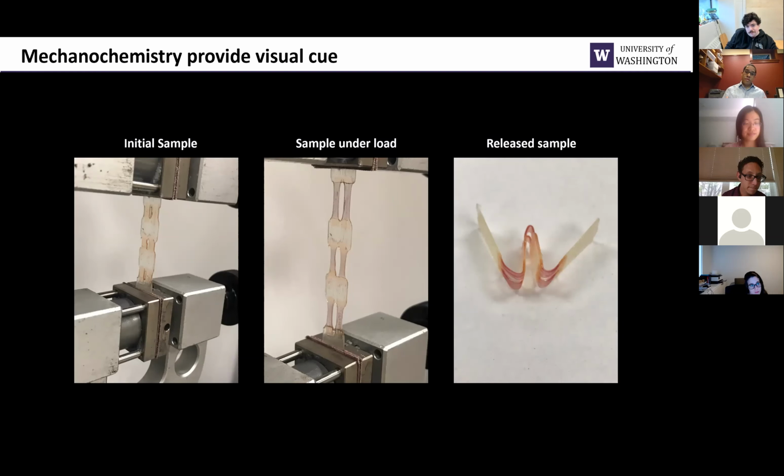So now we can provide the user with information about how hard to pull. It's a visual cue: you can pull a structure, and when you see that purple color, you know that you've pulled it enough, you can let it go, and then that object will create the shape that's desired.